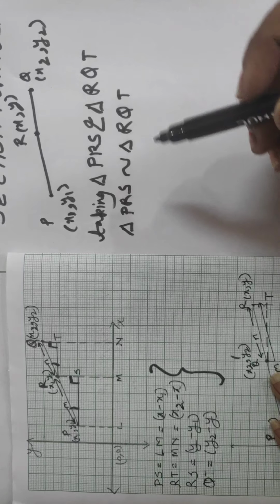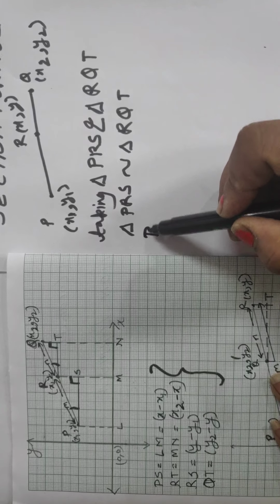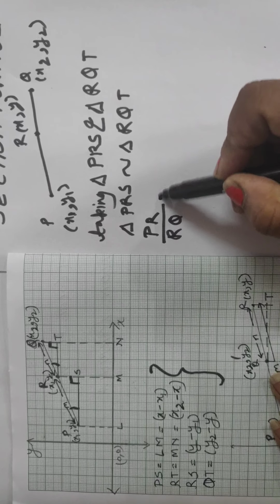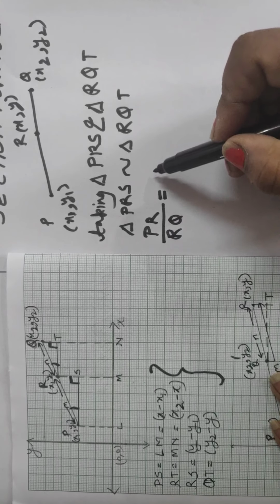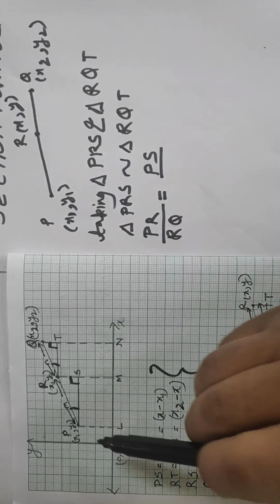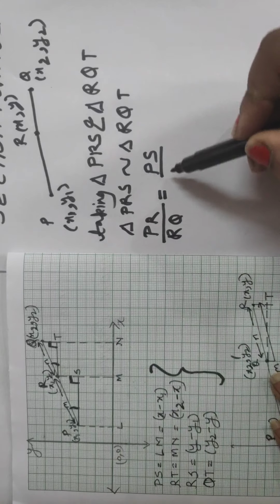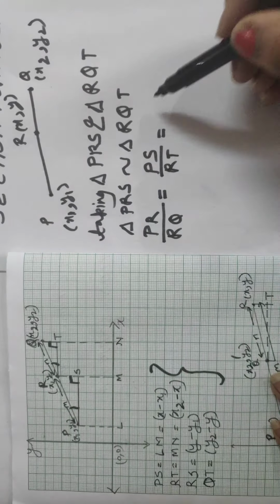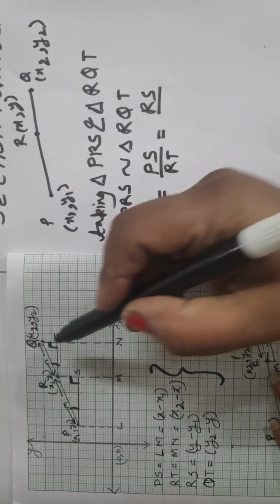It means we can write PR upon RQ is equal to PS upon RT, that is also equal to RS upon QT.